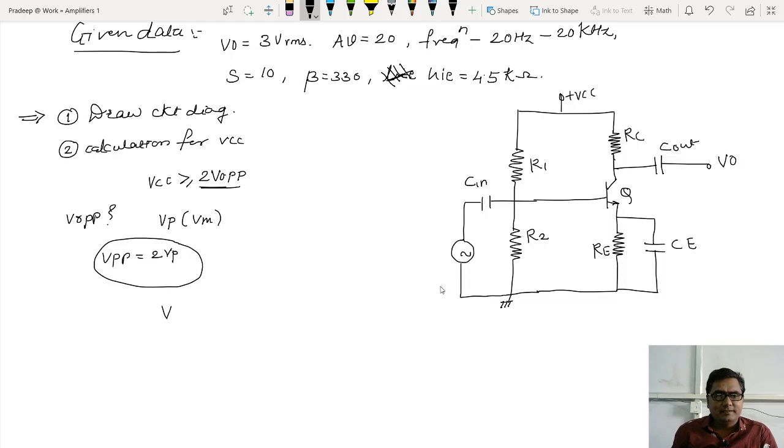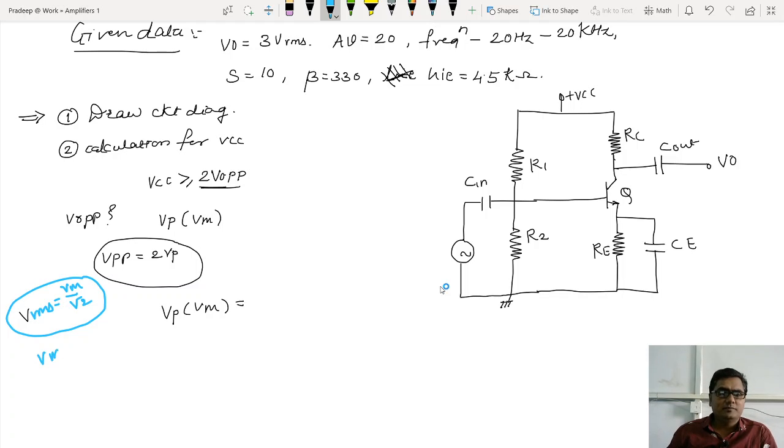So V peak, or VM, is nothing but, do you remember, VRMS is equal to VM by root 2. We know this, everyone knows.